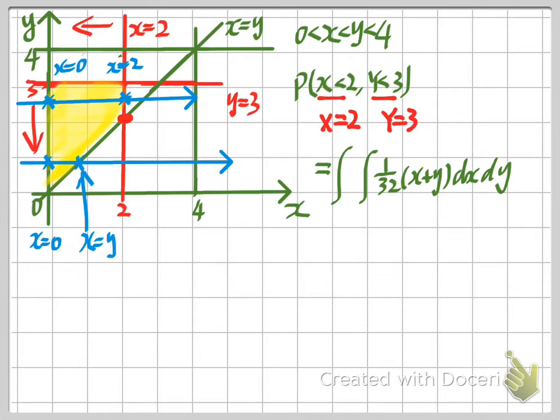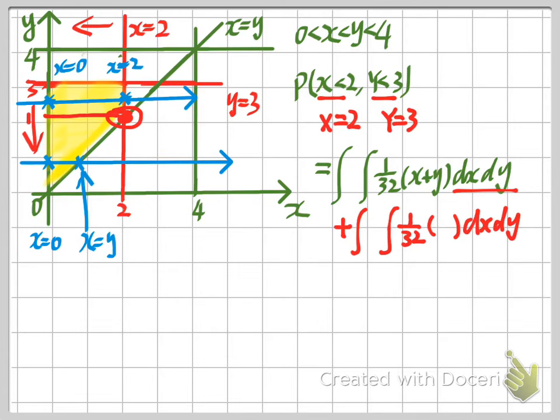In this case we can still use this direction, first integrating with respect to x and then with respect to y, but we have to divide this into two parts: the first part below this intersection, and the second part above it. And the difference is we need to find the value of this point y.